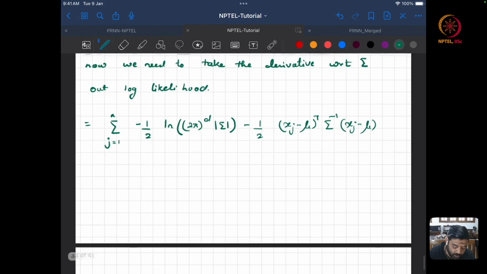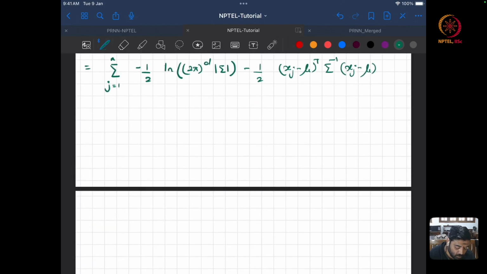So now you take the summation inside. Okay, now because of which it will be minus n by 2 into d log 2 pi. Okay, and then minus n by 2 into this.